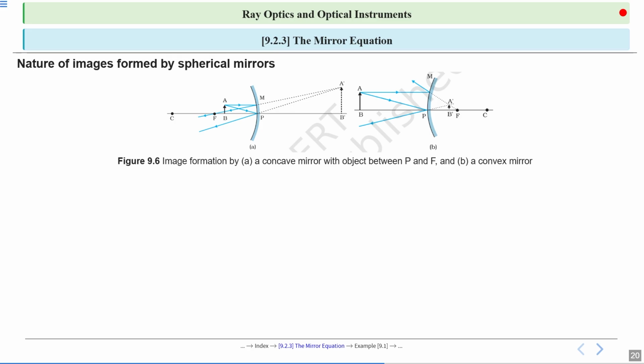When the bulb glows, rays of light coming from it strike the concave mirror behind it. Since the bulb is at focus, the object is at focus, so after reflecting from the concave mirror, the rays become parallel. So a parallel beam of light is formed in the headlights due to the concave mirror.